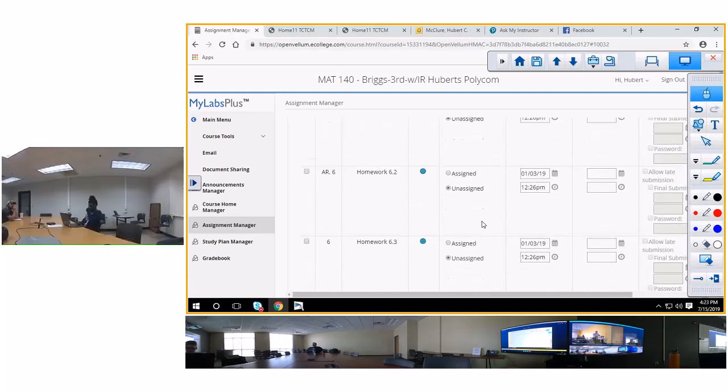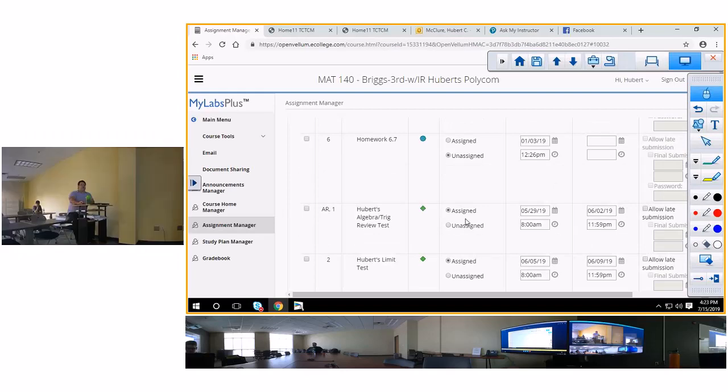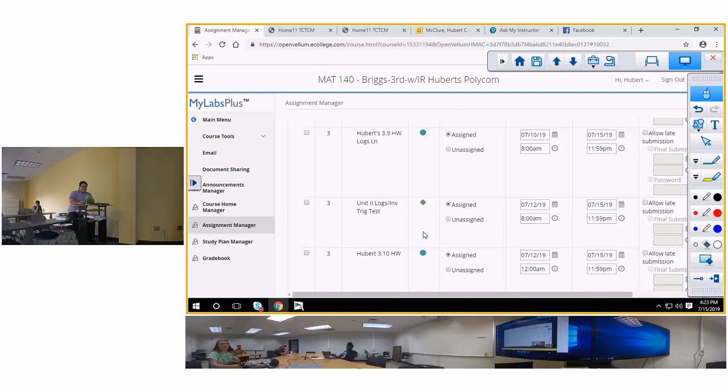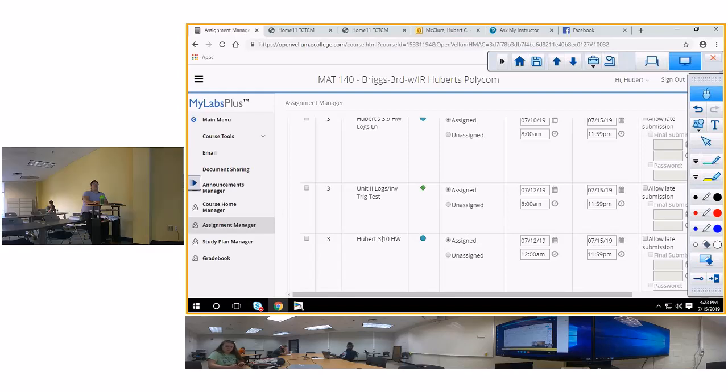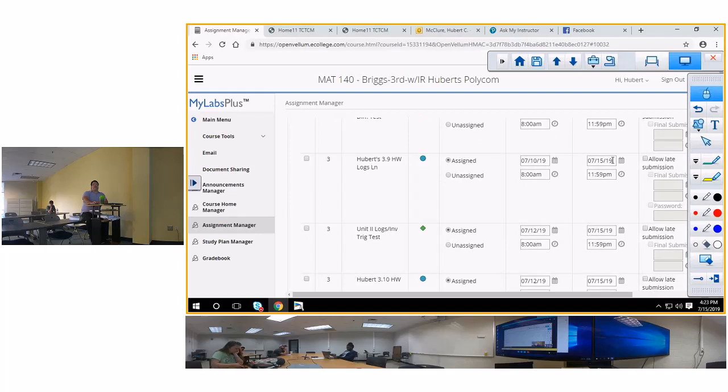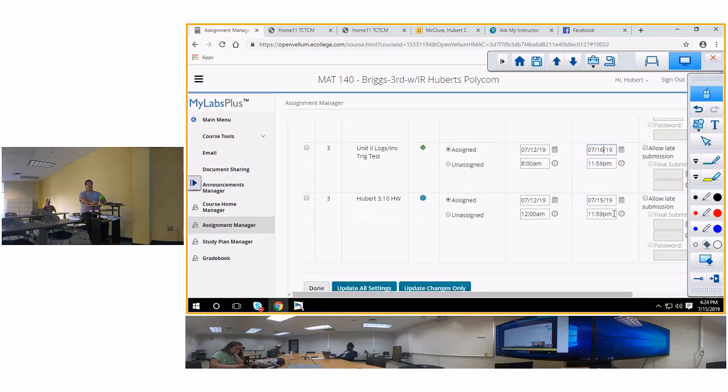I should just back it up to 5 o'clock today is what I should do. There's the trig. Let's see, which one is it? 3 logs and inverse trig test. Oh, that's homework. Okay, there they are. So we'll change this to the 16th, which is tomorrow, right? Change this to the 16th. Yes, sir. And change this to the 16th.